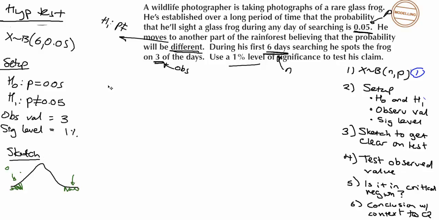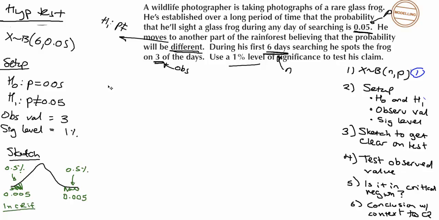So this has to be 0.5% and 0.5%. That's how we're going to have to test it. The way you write 0.5% is 0.005. So if it's in one of those, it's in the critical region.